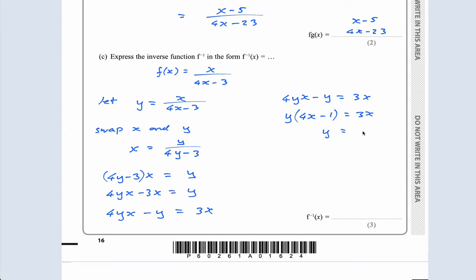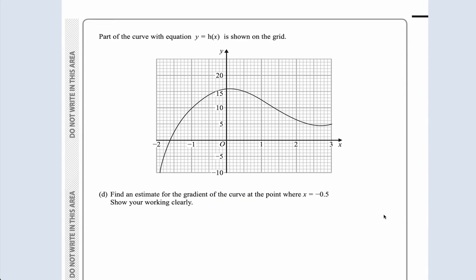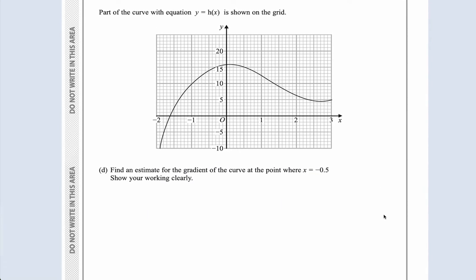Y is equal to 3x over 4x minus 1. So here I'm going to write f minus 1 of x equals 3x over 4x minus 1. Okay. Oh, sorry. I assumed I was finished, but I'm not.